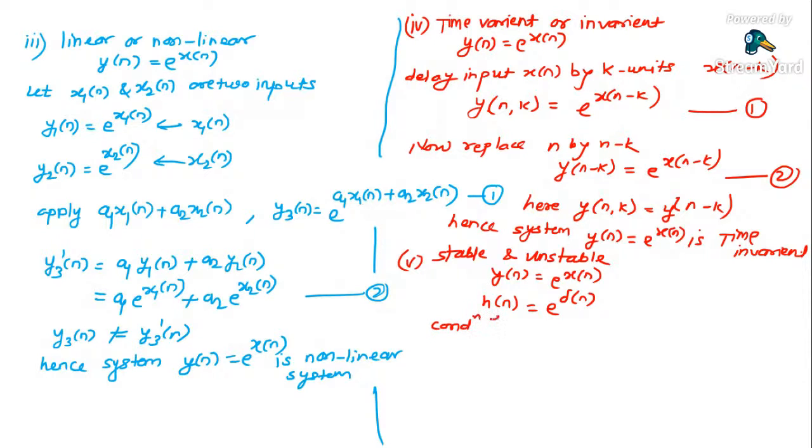The condition for stability is the summation, n starting from minus infinity, of h of n must be less than infinity. Now start solving it. Put n is equal to 0.